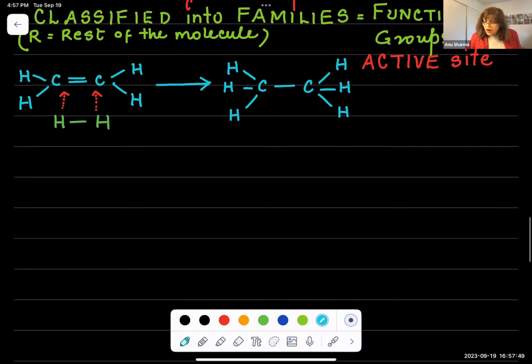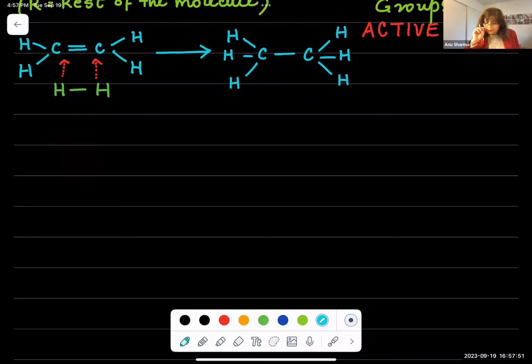Okay. Now, as far as there is a double bond in a molecule, you will see the same reaction profile. So let's look at another example. So here you have hydrogen and carbon, and you have another hydrogen here.